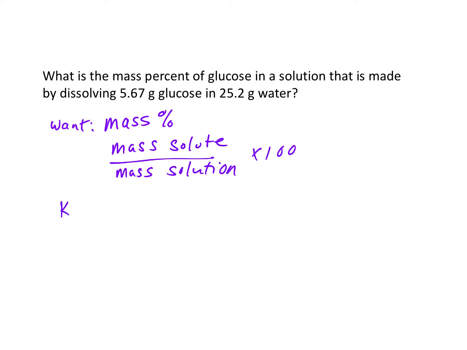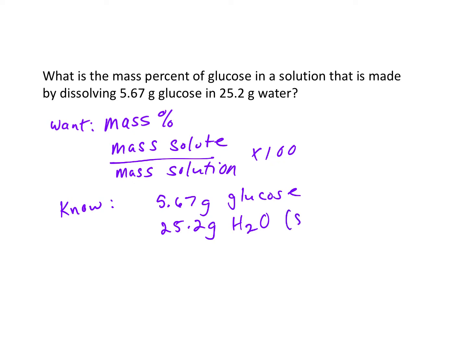We know the mass of the solute, the 5.67 grams of glucose, and we know the mass of the water, that's the solvent. Okay. So how do we find the mass of the solution? We add up the mass of the solute, which is the glucose, and the mass of the solvent. Okay?